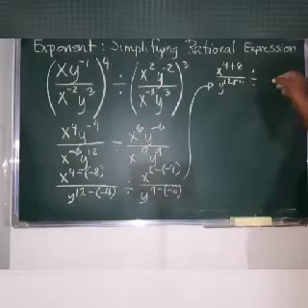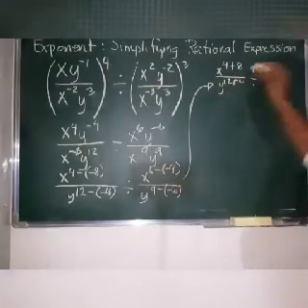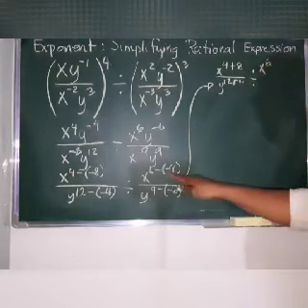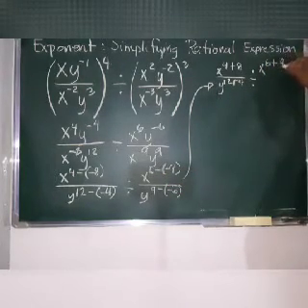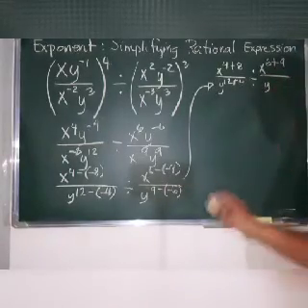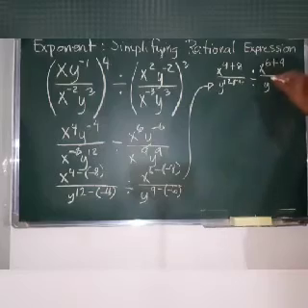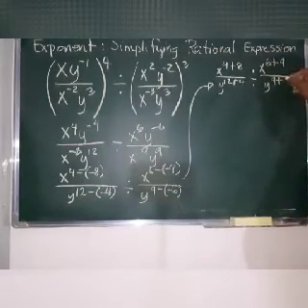Next, divided by, copy x, copy exponent 6, and then negative times negative, positive, 9. All over, copy y, and copy the exponent 9. Next, negative times negative is positive, 6.